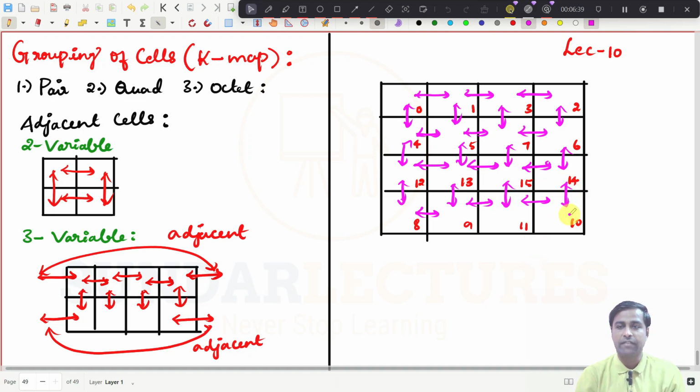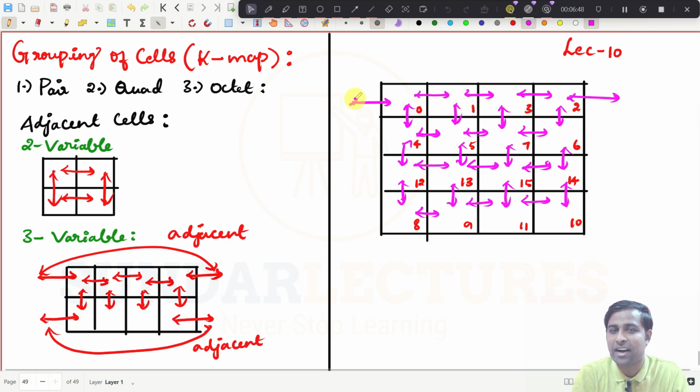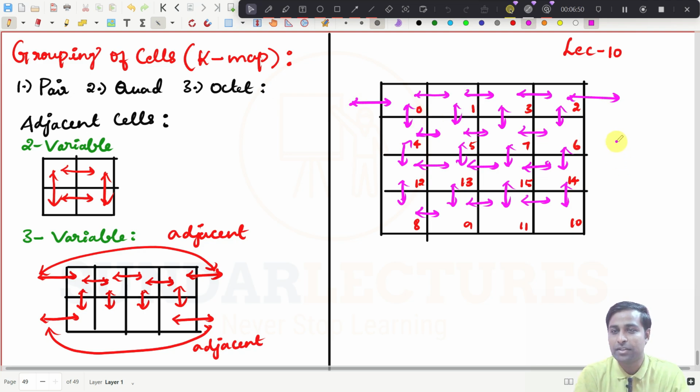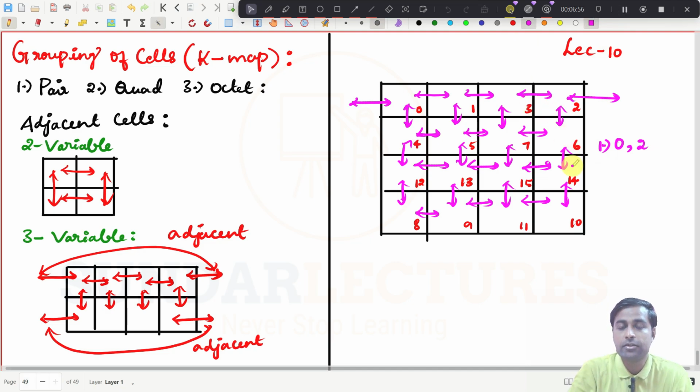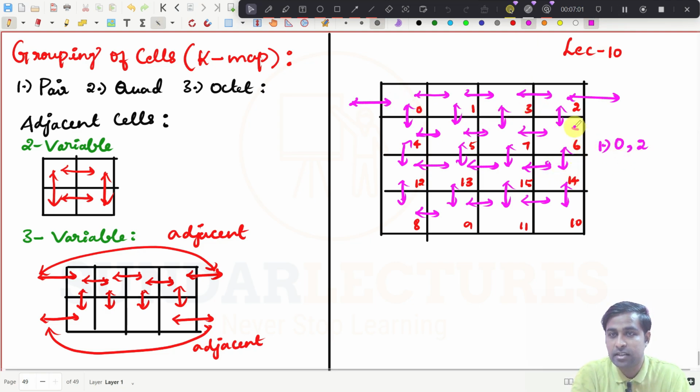But now I've told you I can fold the K-map like this. So what happens now? This one and this one are adjacent cells. For example, 0 and 2 are adjacent cells, right? And so we have seen, 0, 2 is an adjacent pair, as well as 6 and 4.